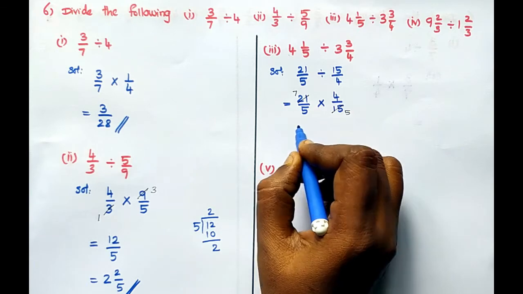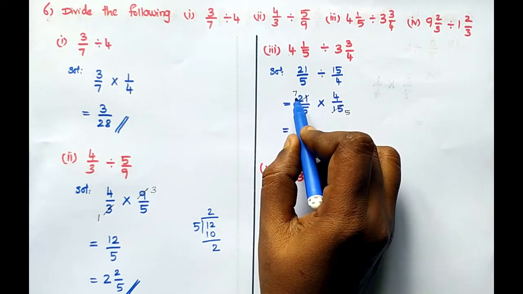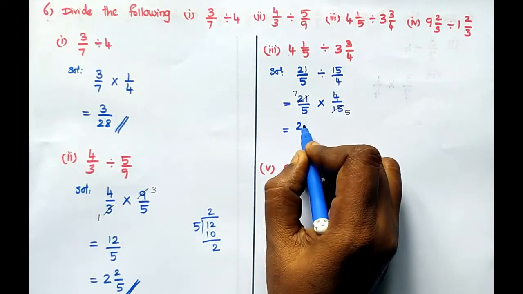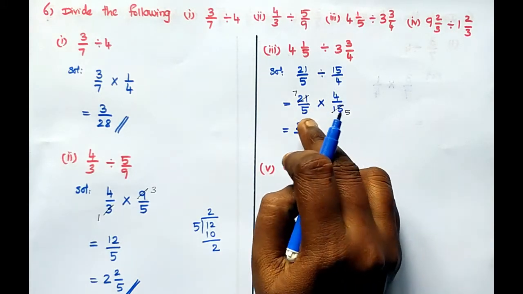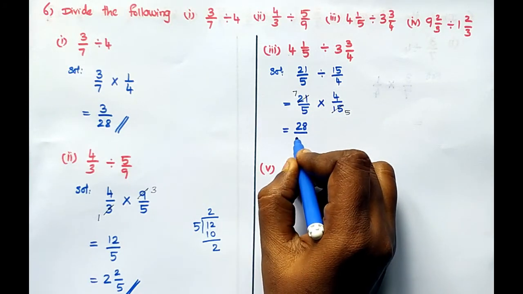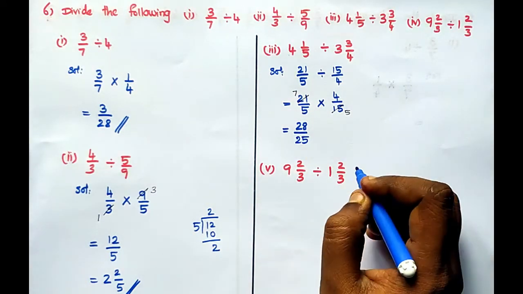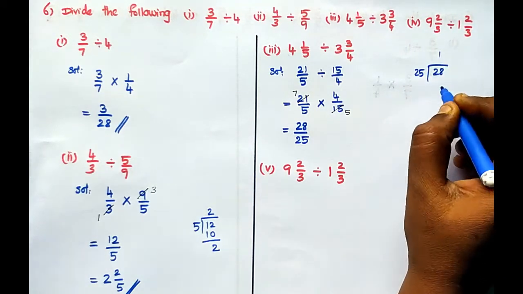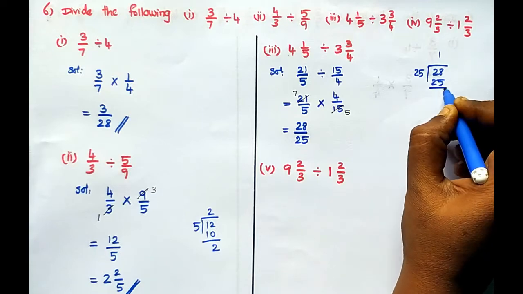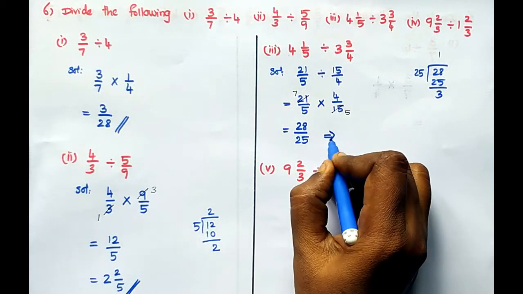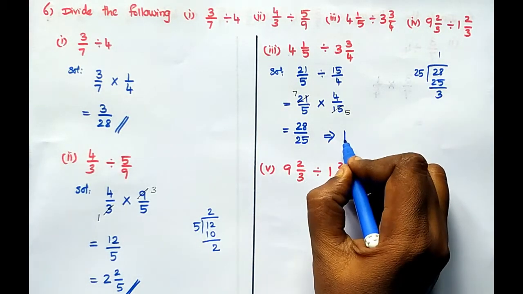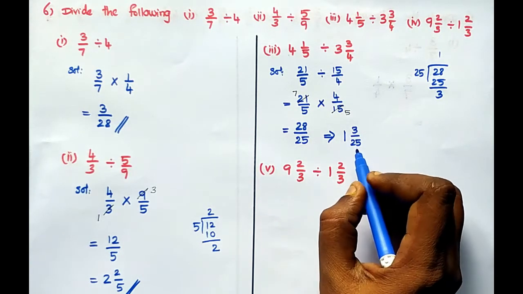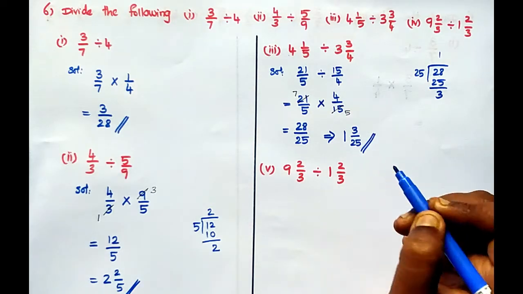Now write down, multiply the numerator with numerator, that is 28. 4 7s are 28, divided by here 25. So 28 divided by 25, that is 1 time, balance 3. So what's the answer? 1, remainder 3, divided by divisor 25. 1 3 by 25 is the answer.